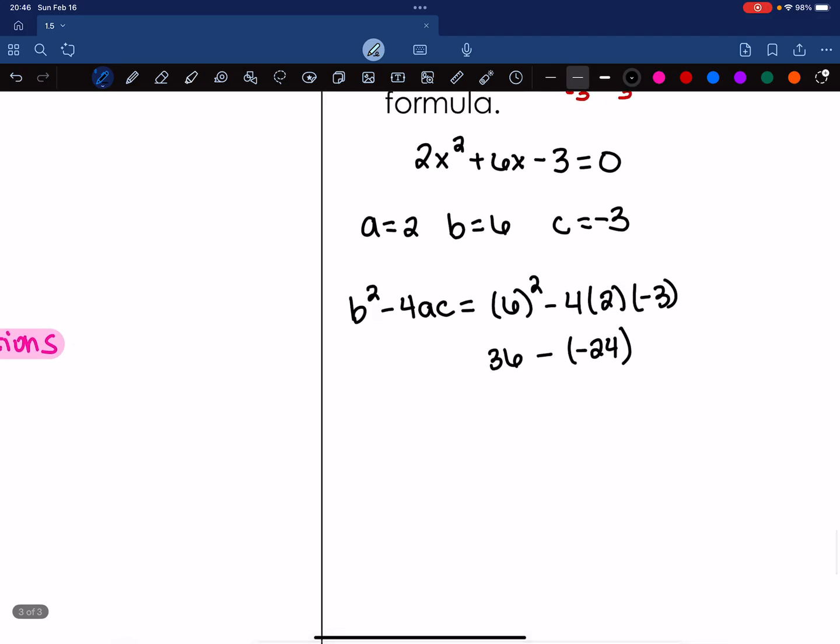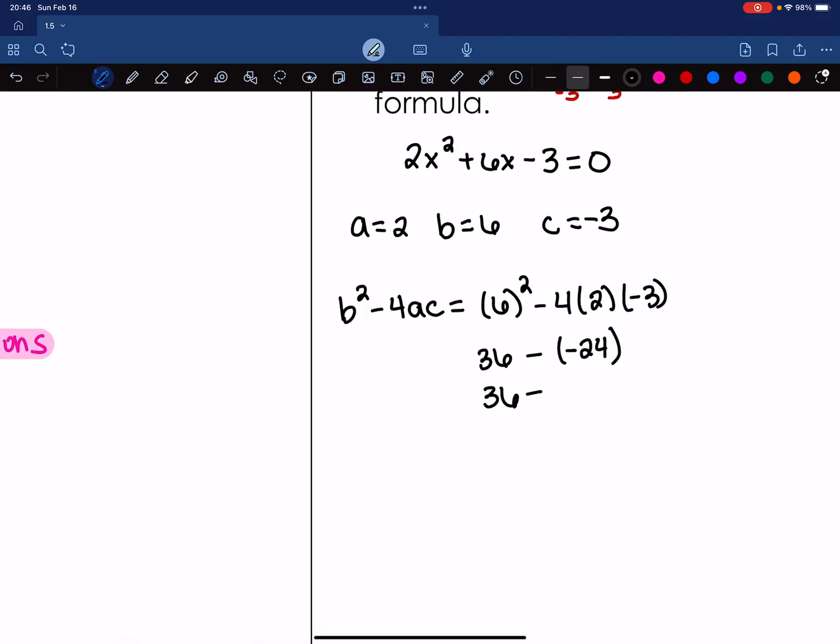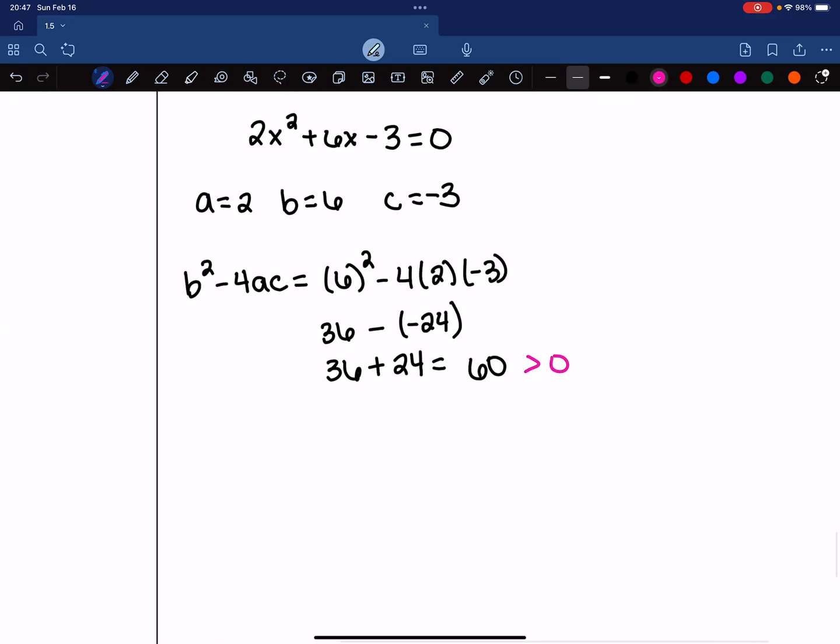If we add these, because two negatives make a positive, that would be equal to 60, which is greater than 0. So we're going to have 2 real solutions.